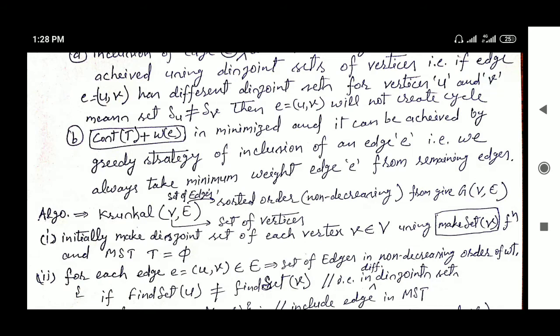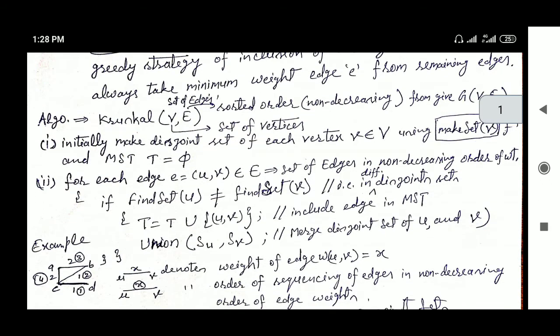And it should minimize the cost of T by adding the weight of that edge, and it can be achieved by choosing the minimum cost edge from the remaining edges.